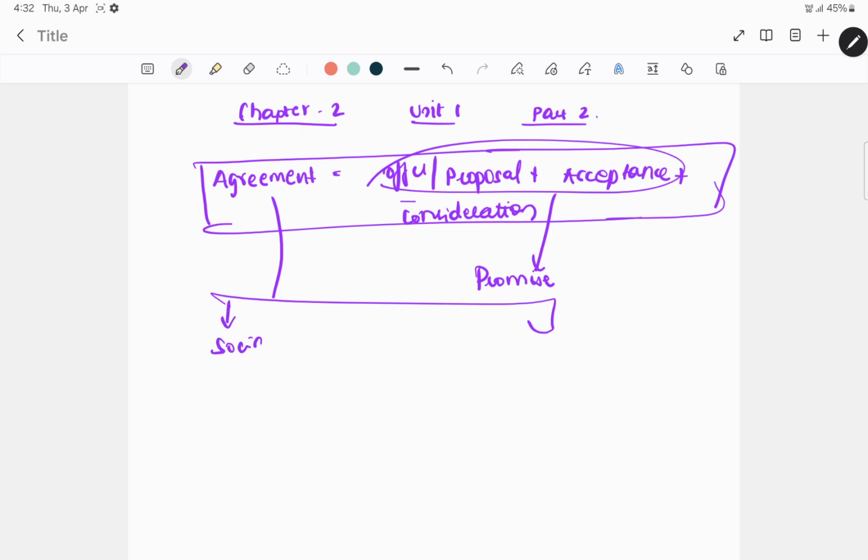One is social agreement, which is not legally enforceable and not covered by the Contract Act, and there are other types of agreements which have legal enforceability.